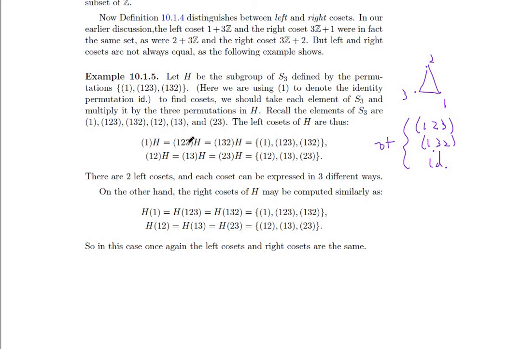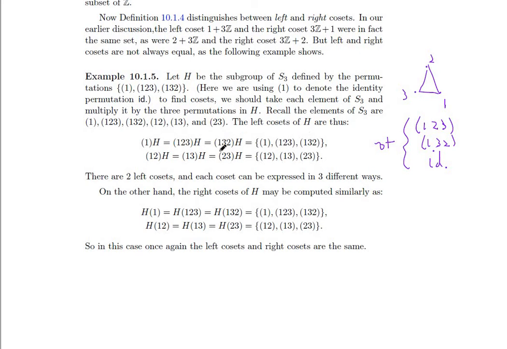Finally, (1 2 3) times (1 3 2) gives me the identity. So if I multiply every element of H by (1 2 3) on the left, you'll get the same 3 elements, listed in a different order, but it's still the same set.